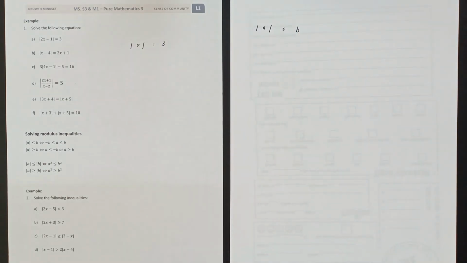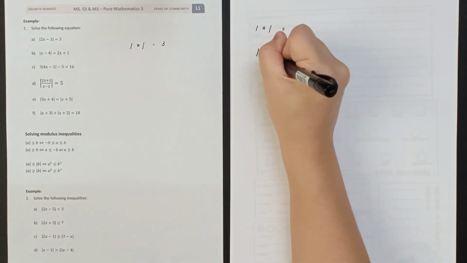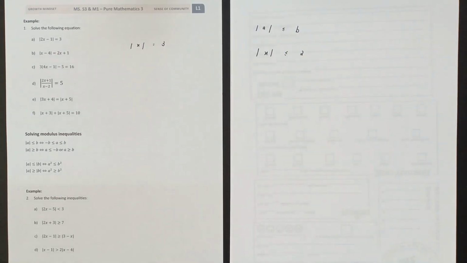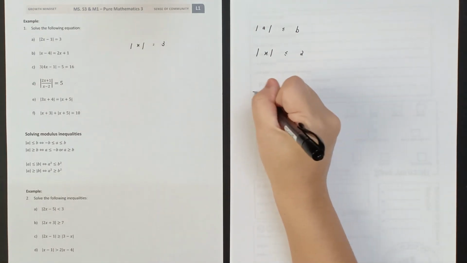If I have something that is modulus a lesser than b, what does that mean? Let me try to illustrate it in a way that you can understand better. Let's say I change it to modulus x lesser than 2. What does that mean? You remember the distance or magnitude illustration that we used in the first lesson, right? If I draw a graph, this is how it will look.